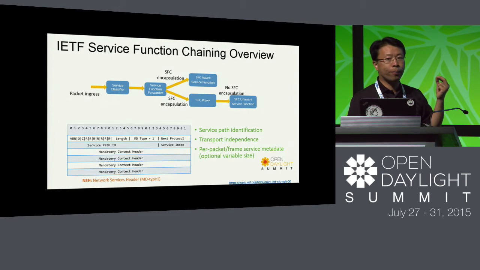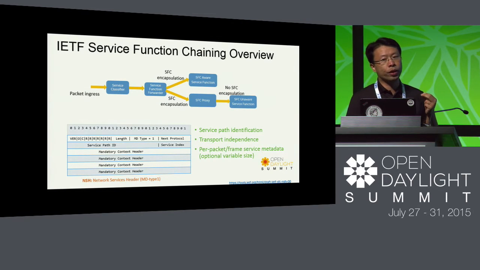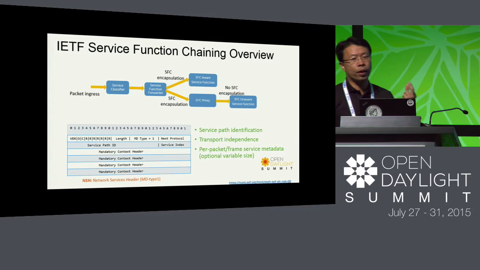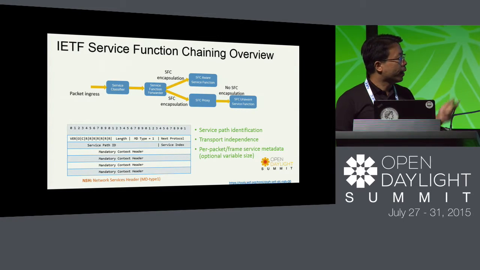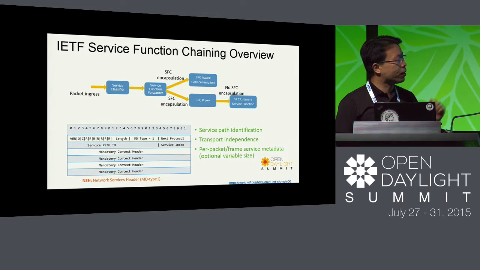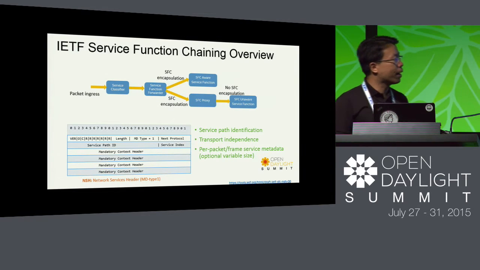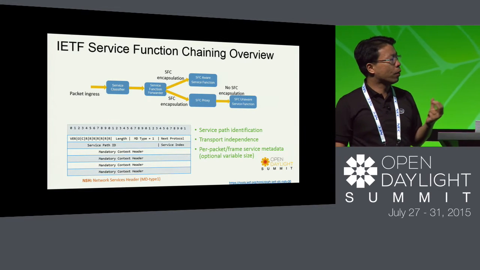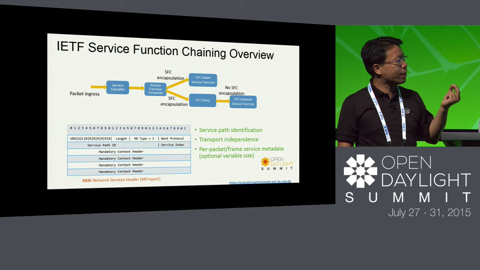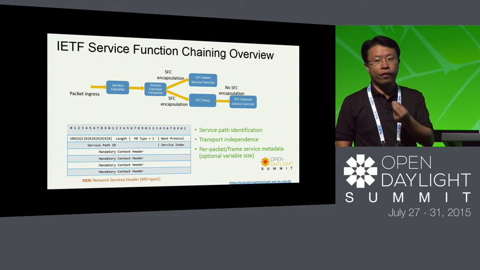It can use this service path information and service index information to steer traffic with the NSH header to specific service functions. The second part of the NSH spec is metadata, which can be fixed size or variable size. With the service path information and the metadata, you can do service function chain.